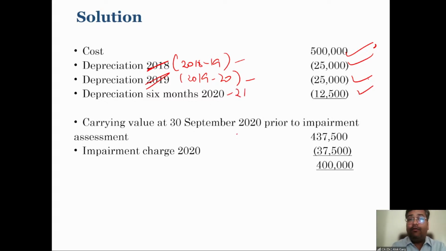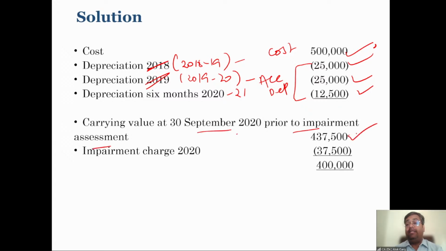This is my cost. This is my accumulated depreciation. So what is the value on 30th September prior to impairment assessment? It is 437,500. But what is the formula for carrying value? The formula for carrying value is equal to cost minus accumulated depreciation minus accumulated impairment losses.